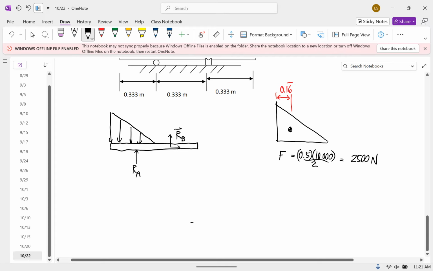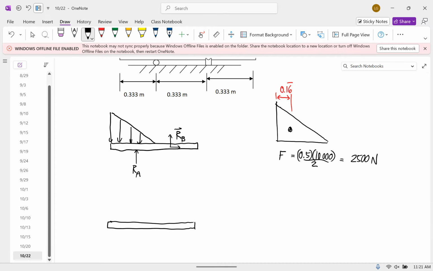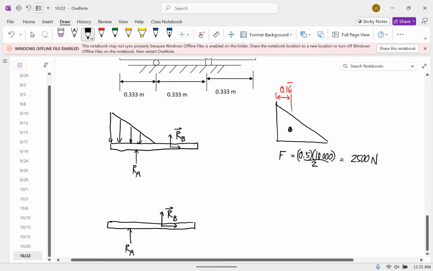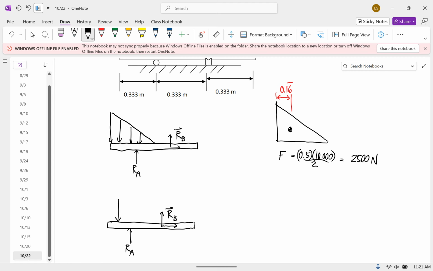And if I redraw that free body diagram, we have a downward force of 2,500, and it's acting 0.16 repeating from the left end.